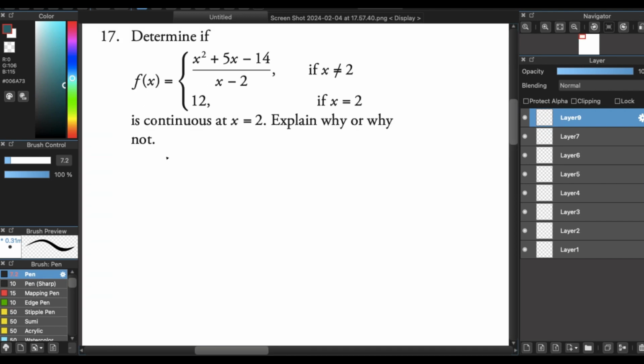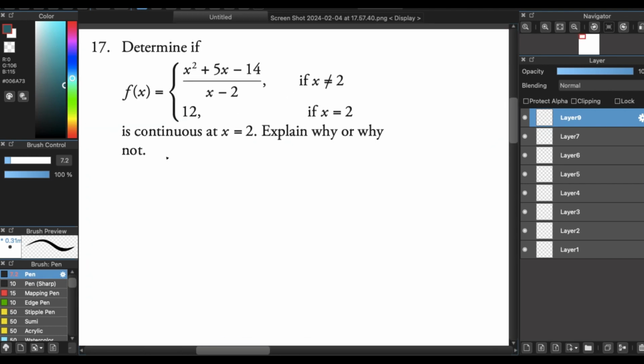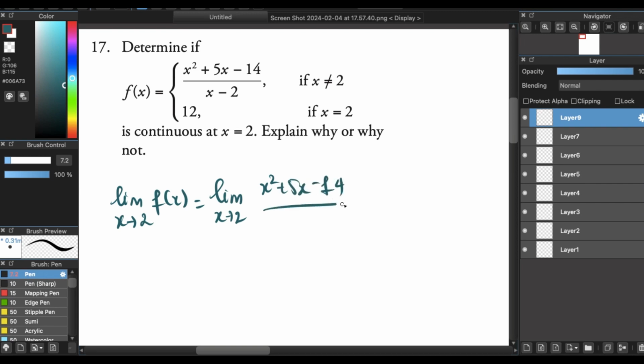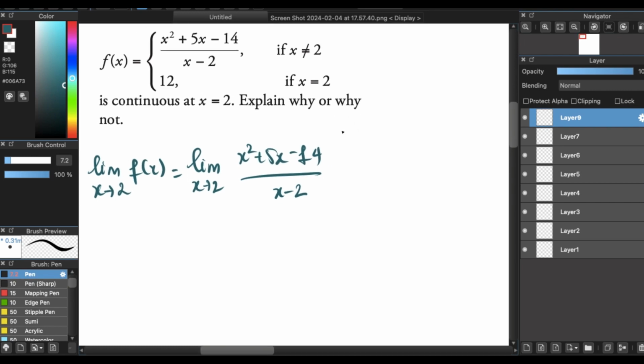The limit as x approaches 2 is going to be this expression.